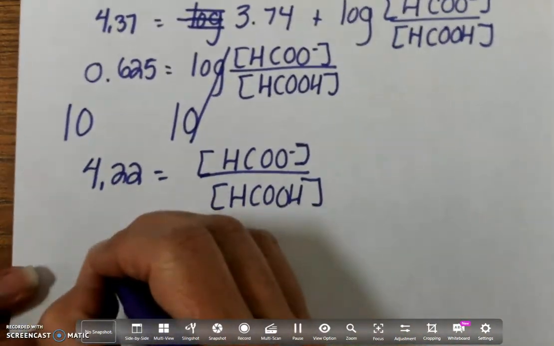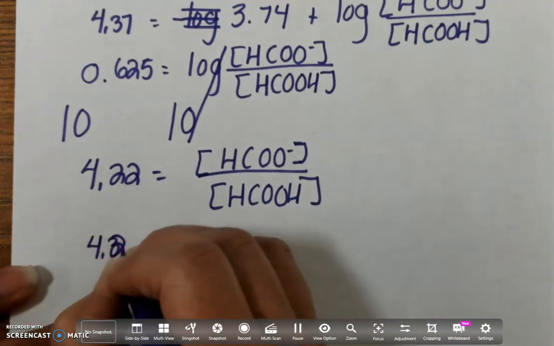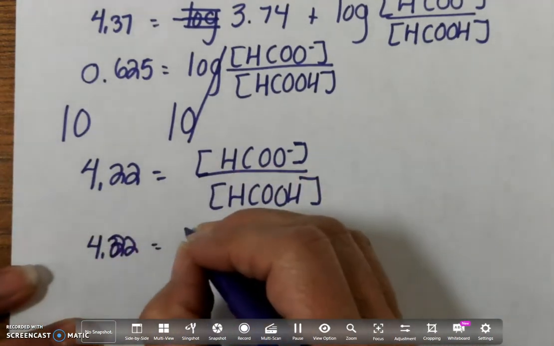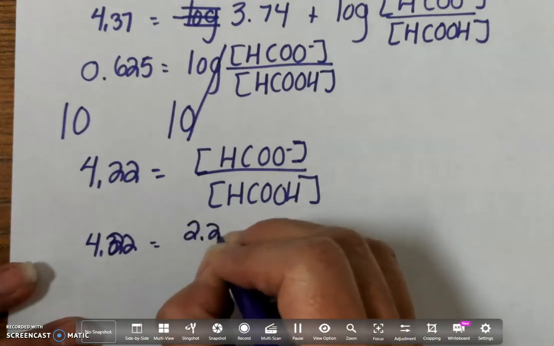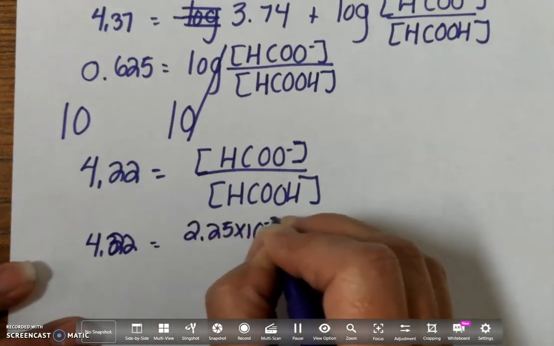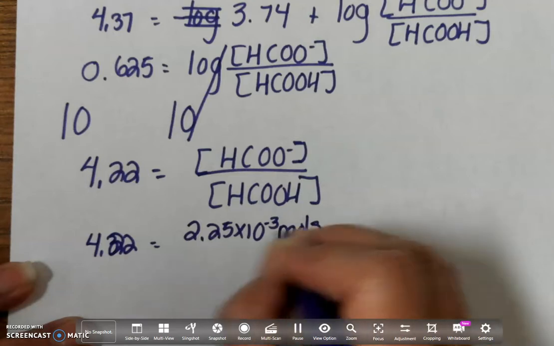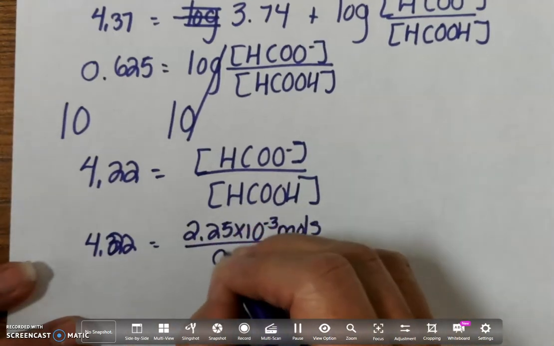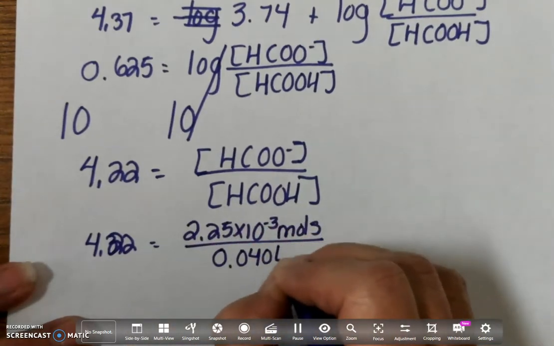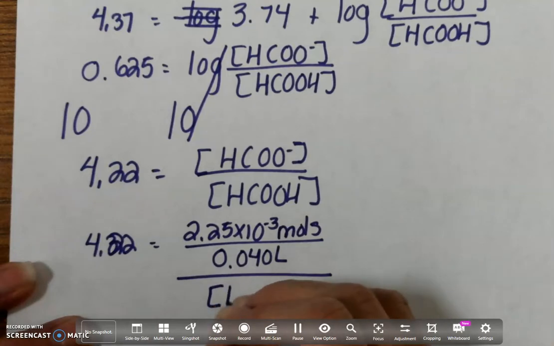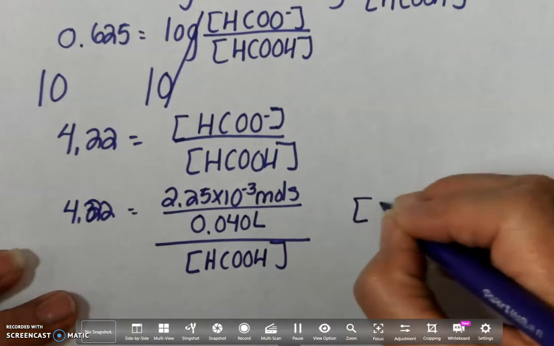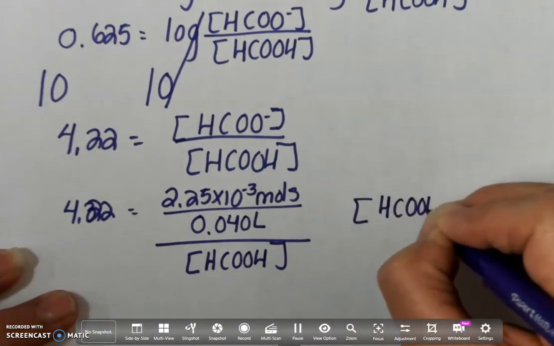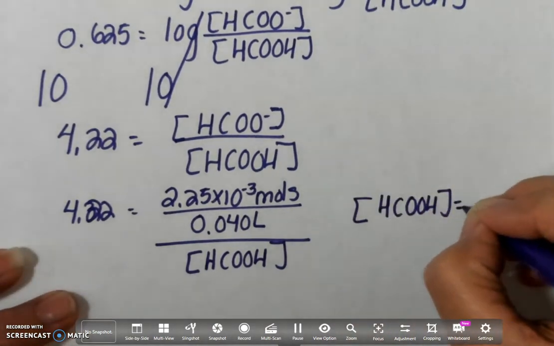To get molarity, because remember brackets are molarity, I have 2.25 times 10 to the minus 3 moles divided by 0.040 liters divided by the concentration of COOH. This is all algebra.